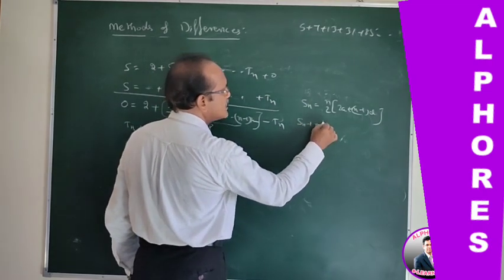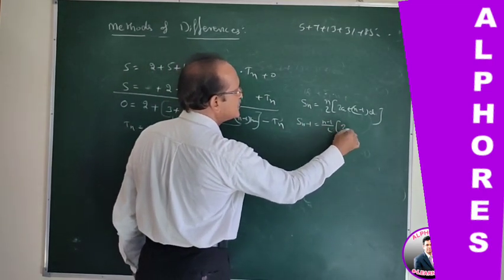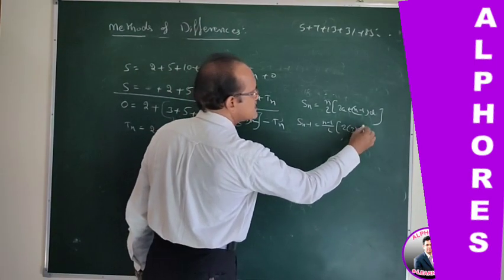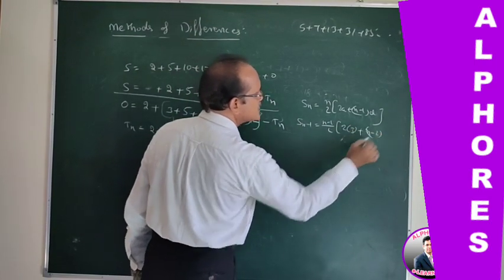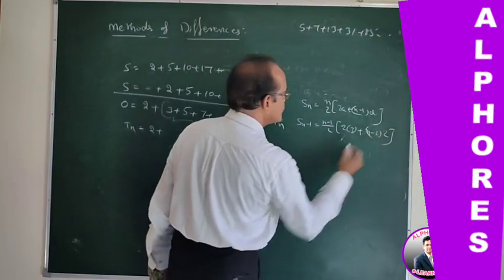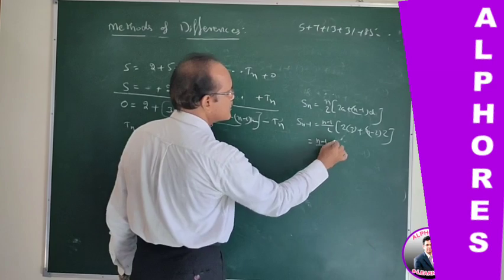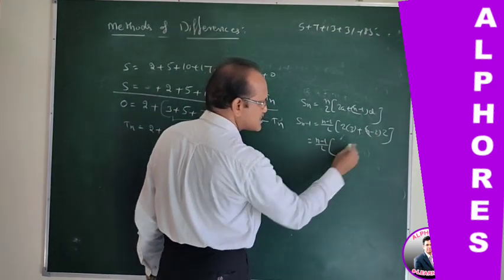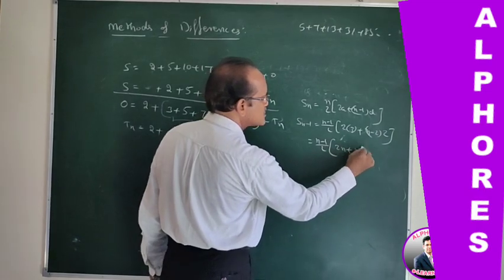Then you will get n minus 1 by 2 into 2a, where a is 3, plus n minus 1 minus 1, that is n minus 2, into the common difference 2. That is n minus 1 by 2 of 6 plus 2n minus 4, that is 2n plus 2.